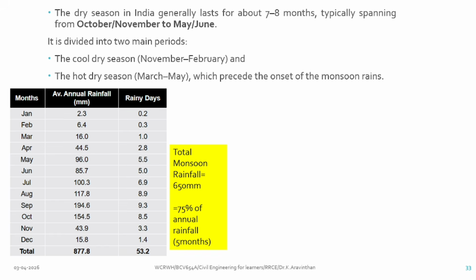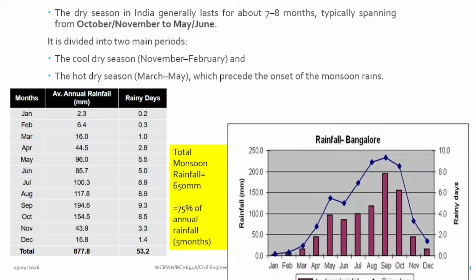The number of rainy days is also there. If you add only the monsoon rainfall from June, July, August, September, and October, you can see that 650 mm of rainfall, around 75% of annual rainfall, falls in only 5 months. So this you can store.